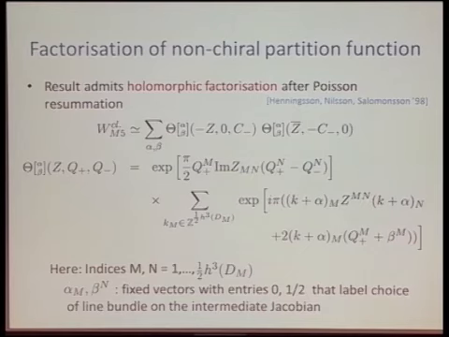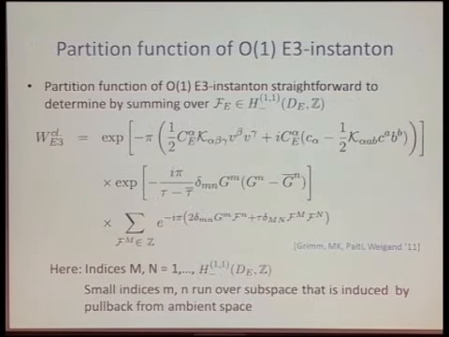We see here there's a sum over an integer valued vector of this same dimension, k. There's a term which is quadratic in these k's, and we're considering theta functions with a source q, and there's a term linear coupling this k and the source q. The reason I'm pointing this out is because when we consider the partition function of an E3 instanton of O1 type, I'll come back to this in a second, we see similar structures.